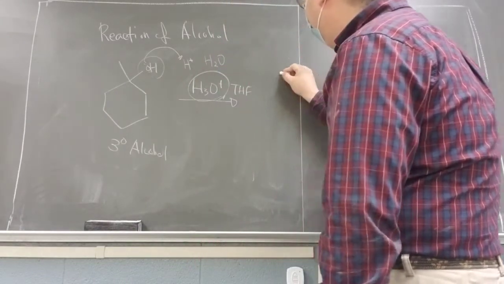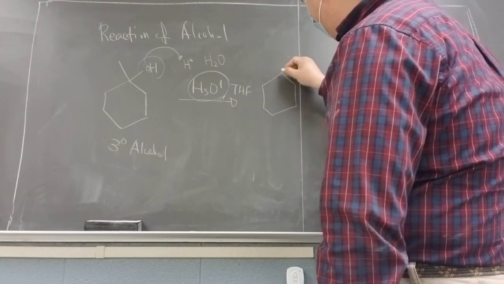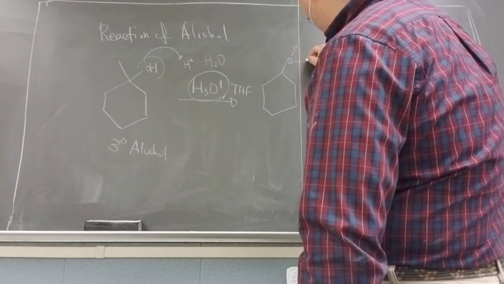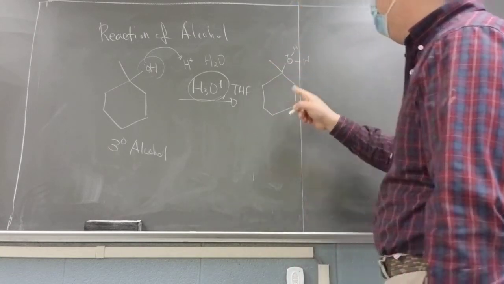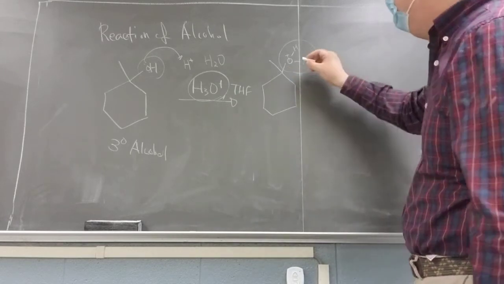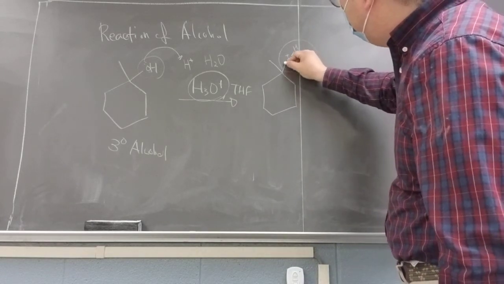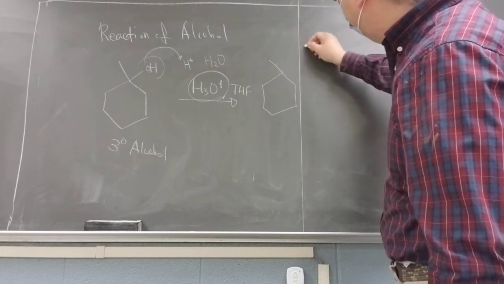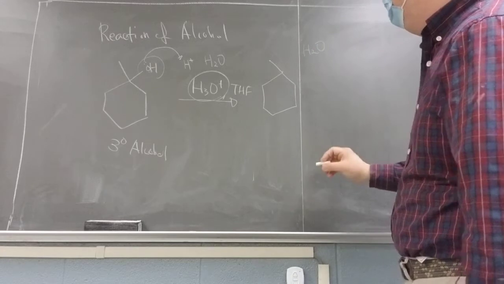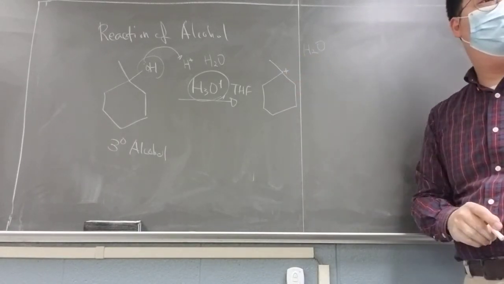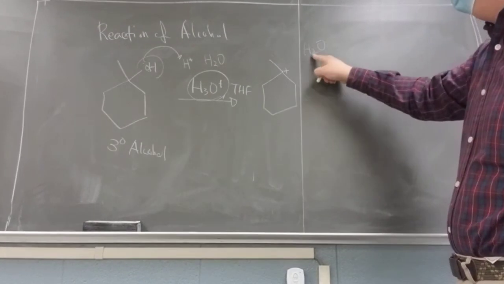So we'll grab this one over there. So it will become water. As you can see, this one is now a much better leaving group, so it can leave. So it tries to leave by taking these two electrons in here, so it becomes water. Okay. But obviously that makes this position positively charged, because now it lost the electrons to the water.